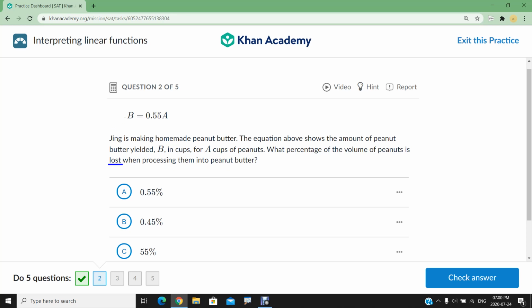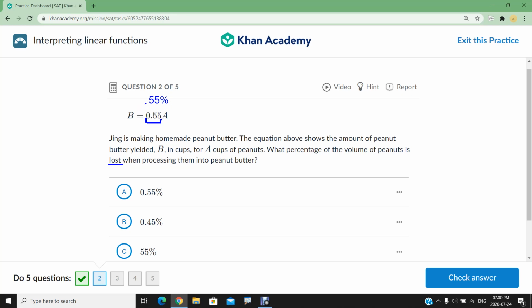So what we will be doing here is that, first, as you can see, the volume of peanuts is 0.55, or if you want to convert that into a percent, it's 55%. So 55% of peanuts is added when processing them into the peanut butter.